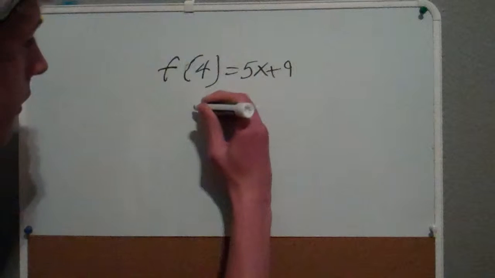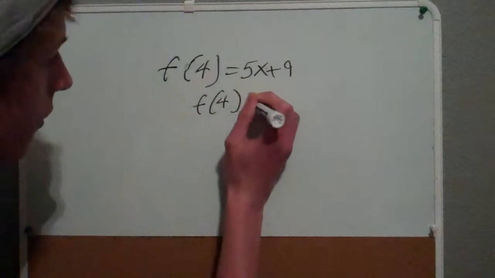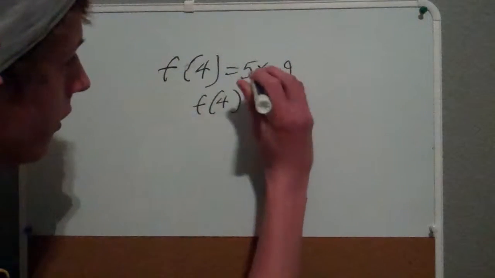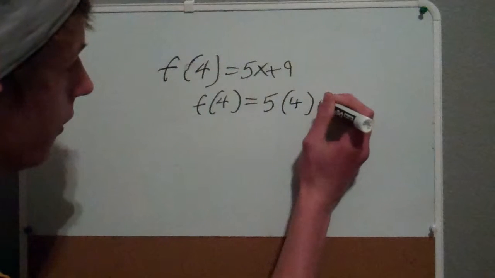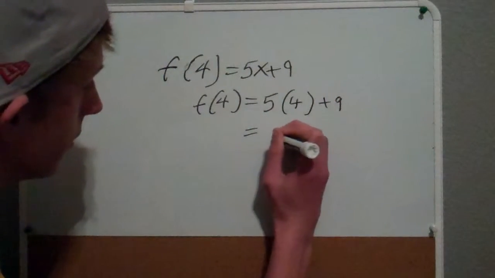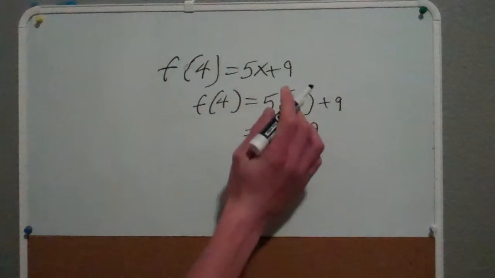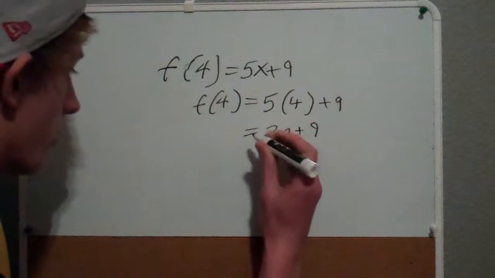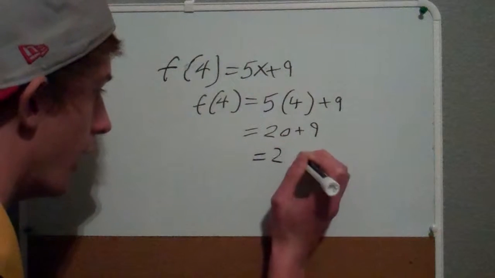So we'll go f of 4 will equal 5, and x now becomes 4, plus 9. Now that'll be equal to 20 plus 9, because 5 times 4 will equal 20, and then your final answer is going to be 29.